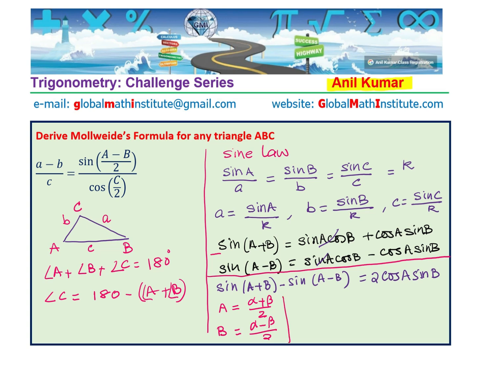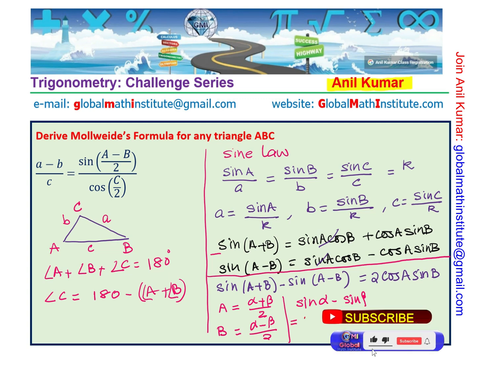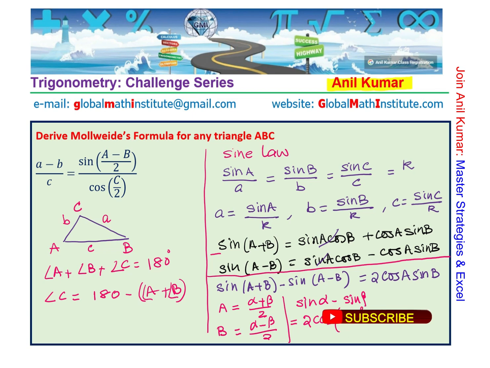So I get sine alpha minus sine beta equals 2 times cos of (alpha plus beta) by 2 times sine of (alpha minus beta) by 2.